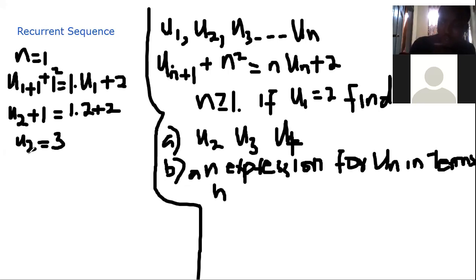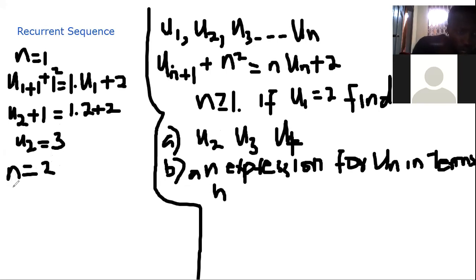Now let's do that for u3. We are going to start when n is equal to 2. This is how you do it. After n is equal to 1, you can see right away the question gave you u1 to be 2, and u2 here is 3. Now let's find when n is equal to 2.